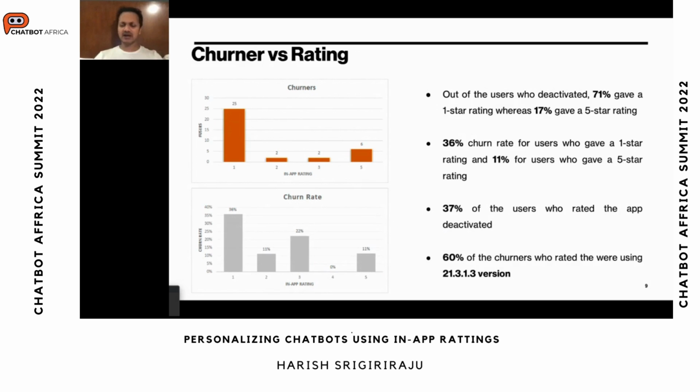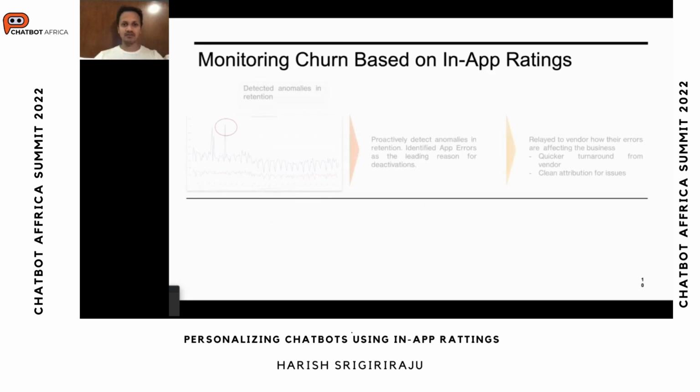And this is very powerful because it's a leading indicator of churn, which means that even before someone leaves the application or deactivates the application, you can predict that this particular person is very likely to deactivate. So now, once you have that very useful information of who is the happy user, who is the unhappy user, you can even personalize your entire chat experience. So let me talk you through what that could mean.